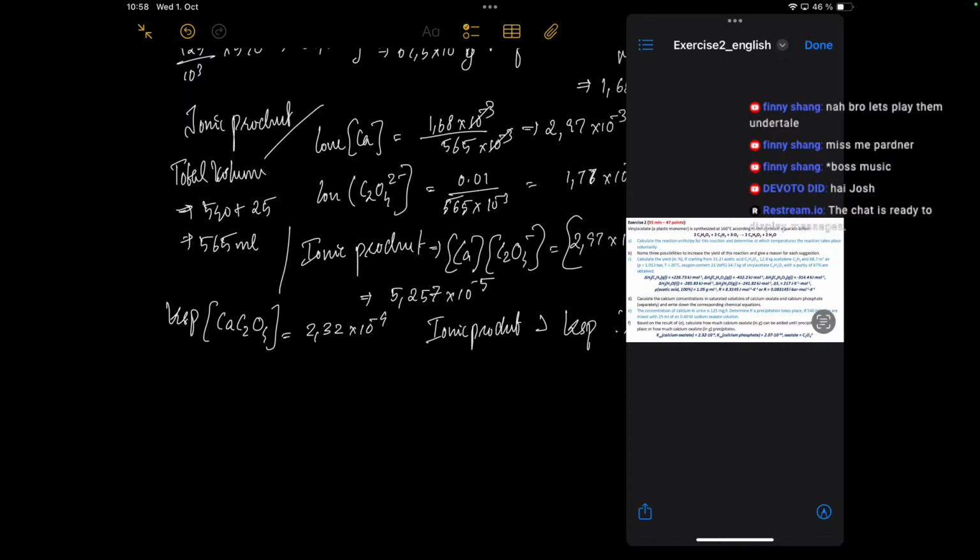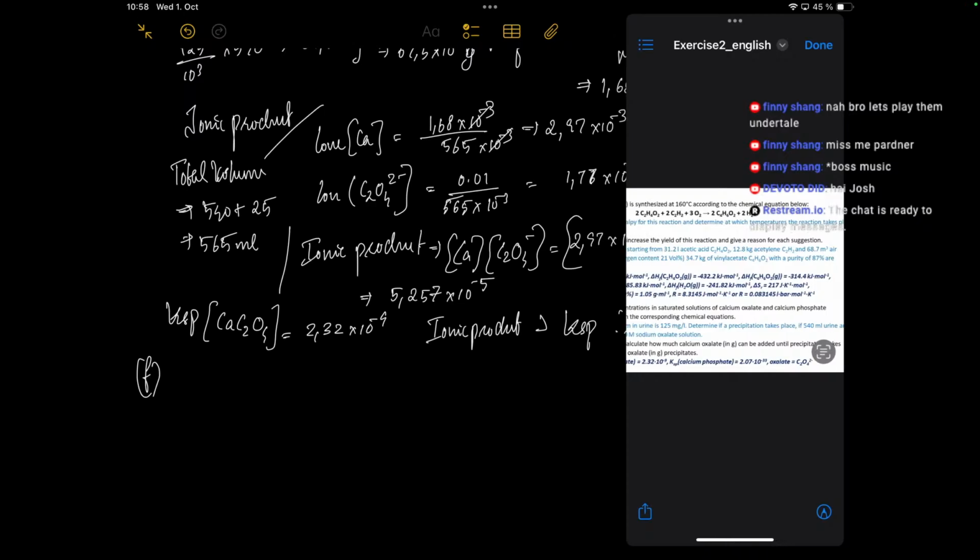How much can be added until precipitation takes place?